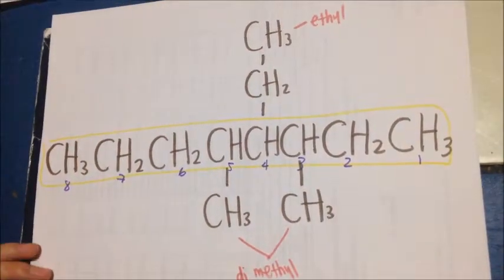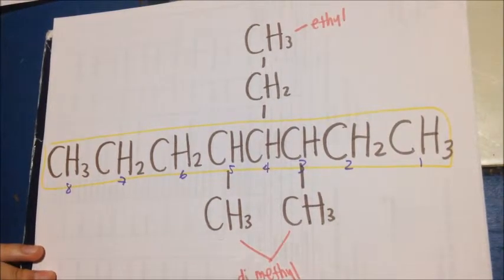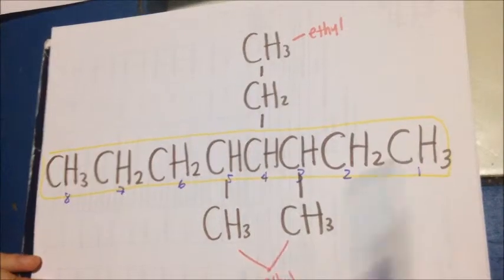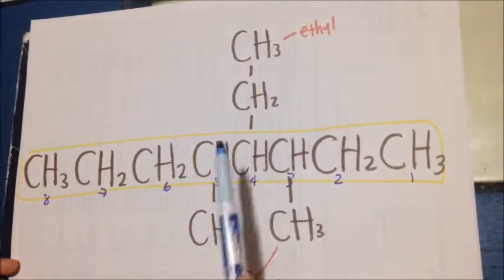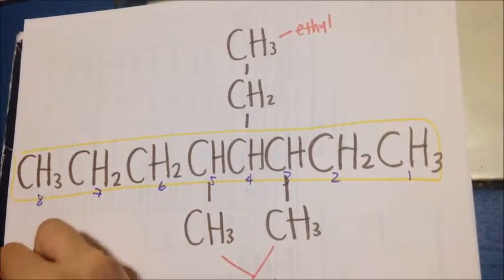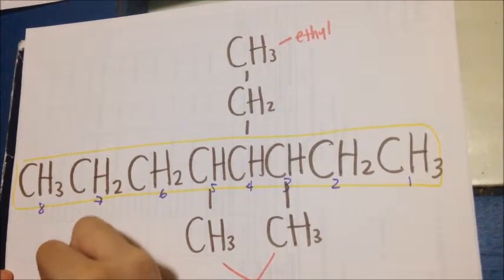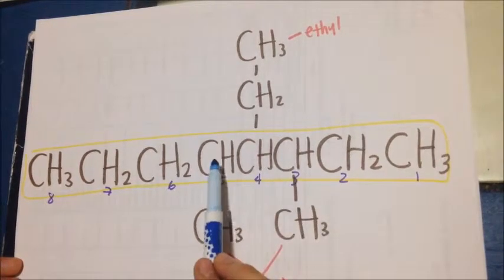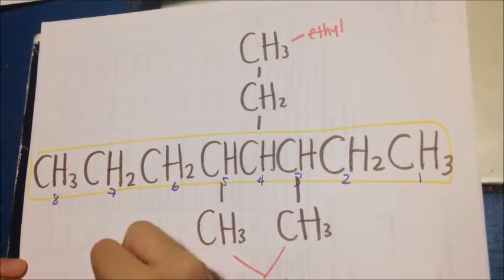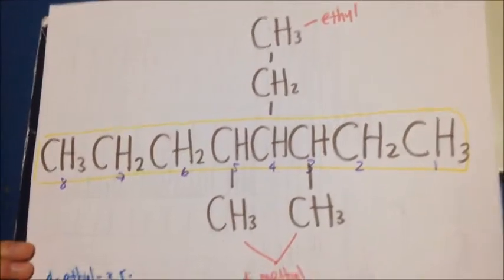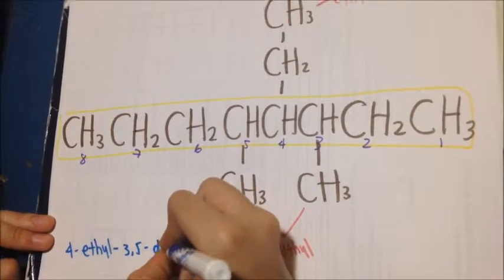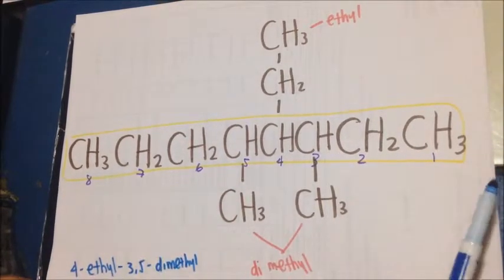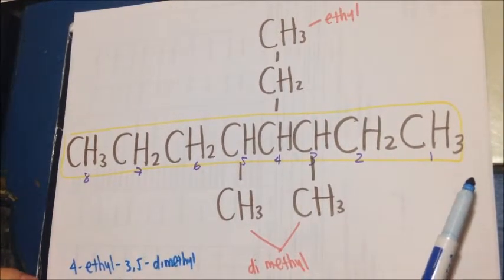We don't take into account the di, and it's going to be in the positions 1, 2, 3, 4, 4-ethyl, 3, 5-dimethyl, and the name of the chain is octane.